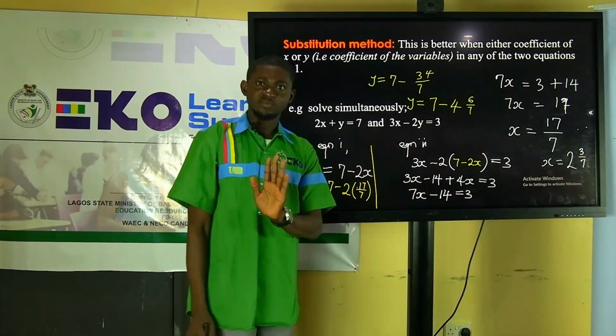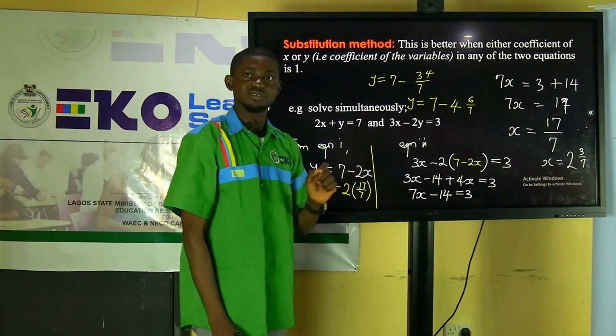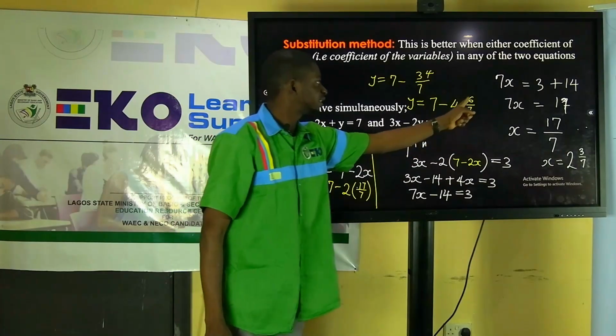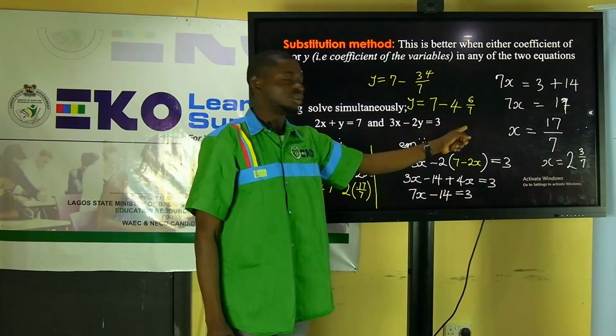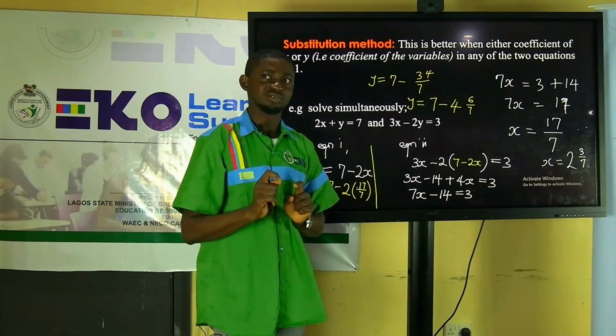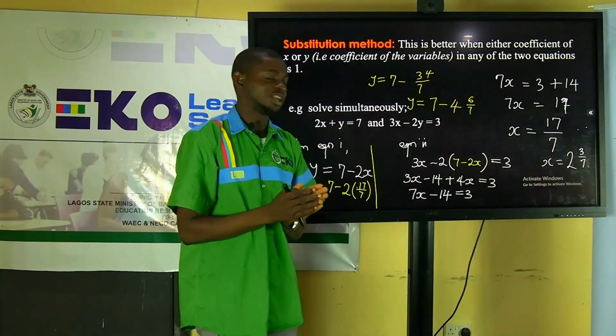Now, the first way, as a WAEC student, when you take away 4 from 7, it has 3 left. That means we still have 3. This is 6 over 7. It's a fraction. For it to complete 1, it remains 1 over 7. So take that 1 over 7 from the 3 you are having left.